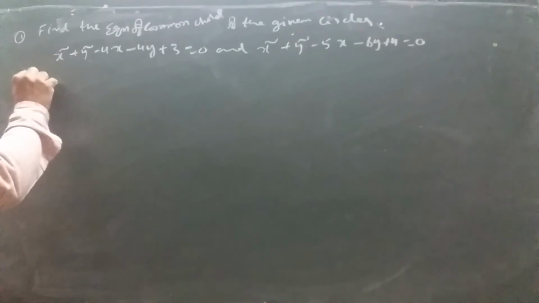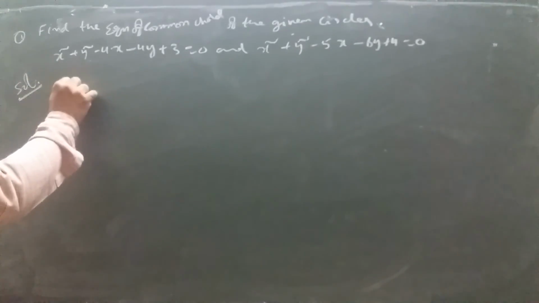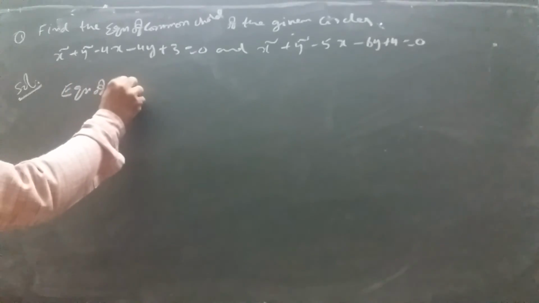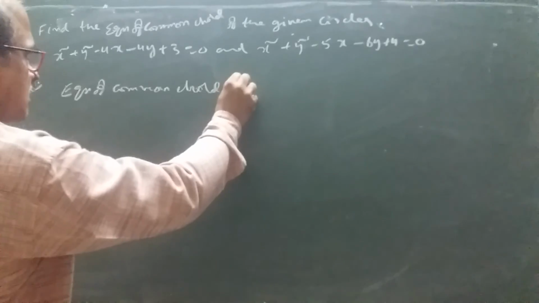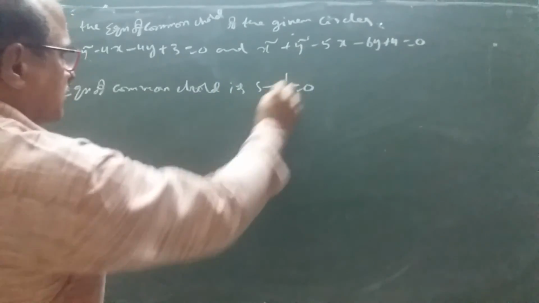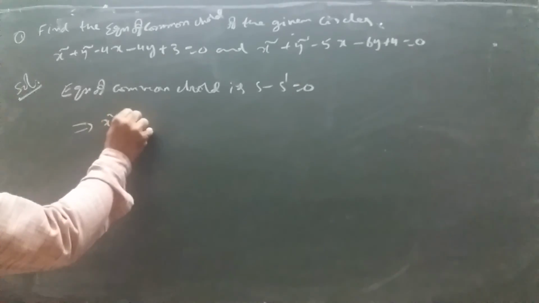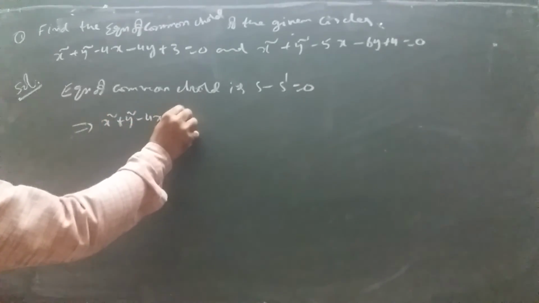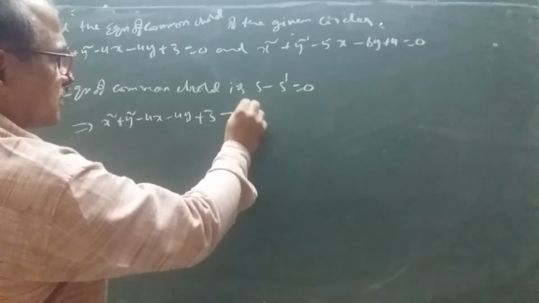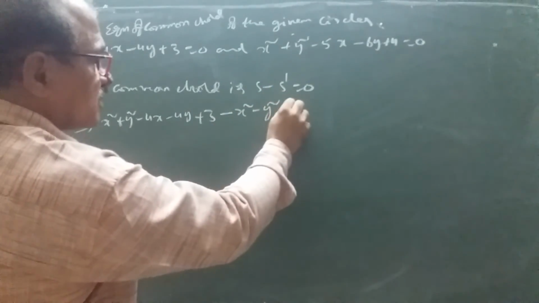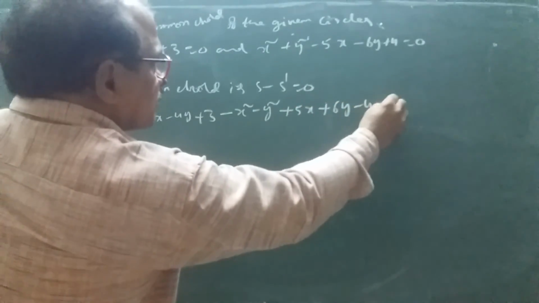Solution. The equation of the common chord is S minus S dash is equal to 0. That implies x square plus y square minus 4x minus 4y plus 3 minus of S dash, that means minus x square minus y square plus 5x plus 6y minus 4 is equal to 0.